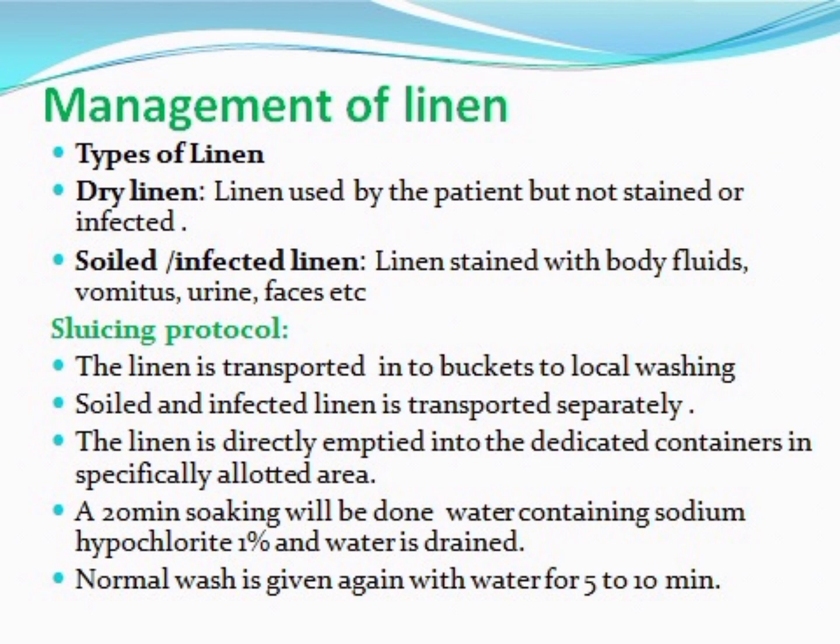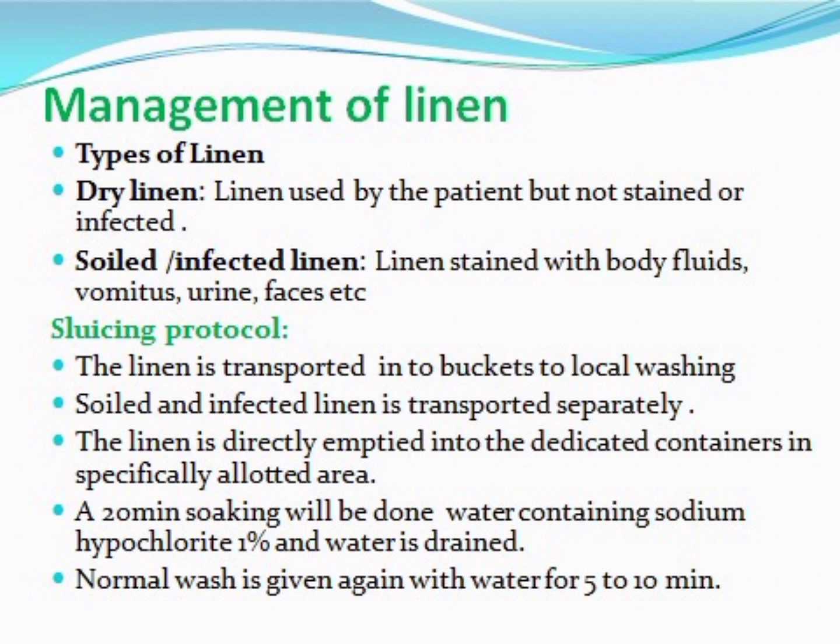Sluicing method. The linen is transported in buckets to the local washing area. Soiled and infected linen is transported separately. The linen is directly emptied into the dedicated container in a specifically allocated area.